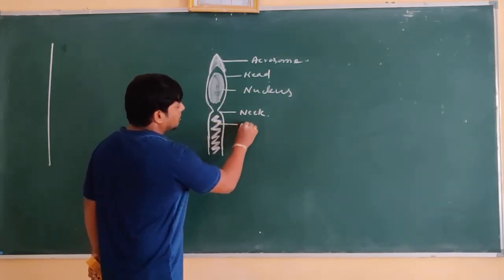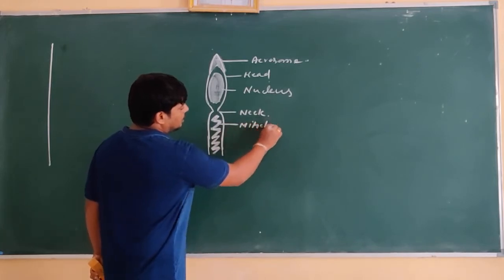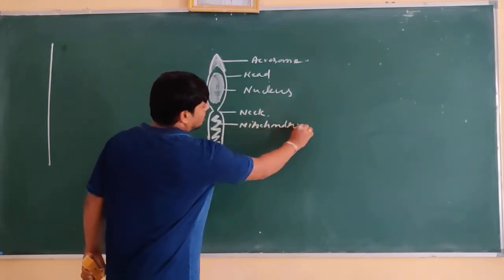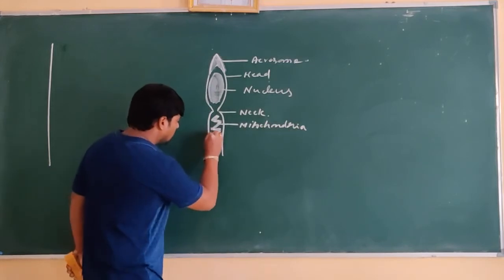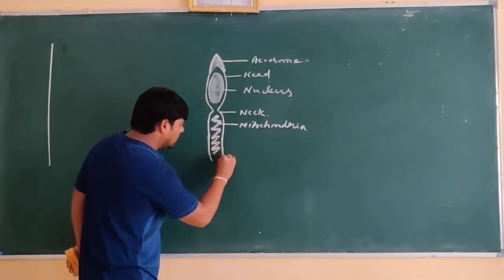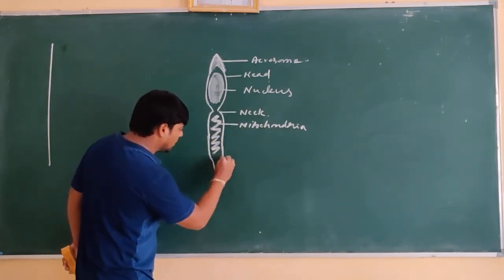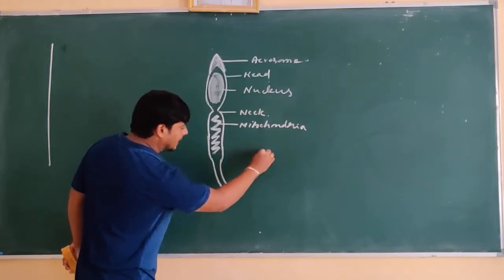This is the mitochondria. It extends and ends as a small tail-like structure.